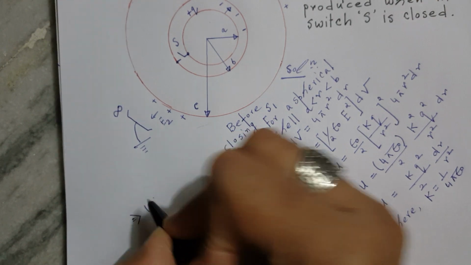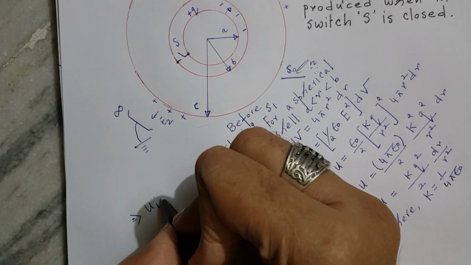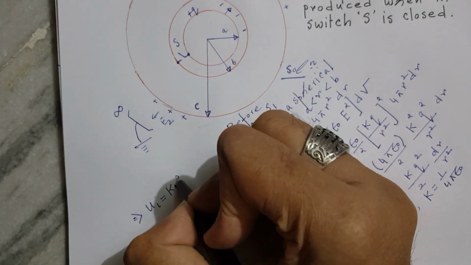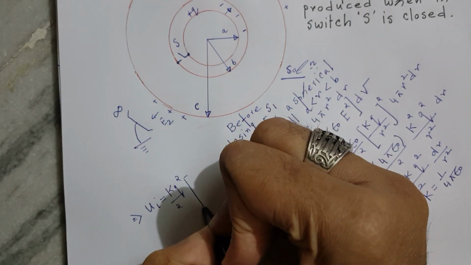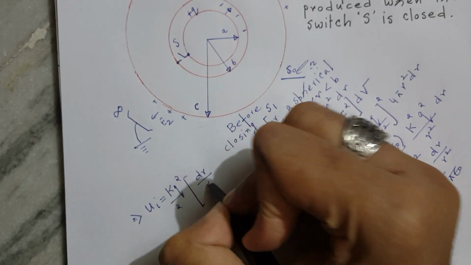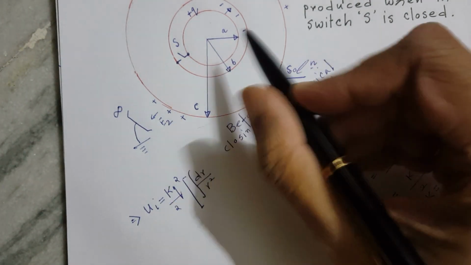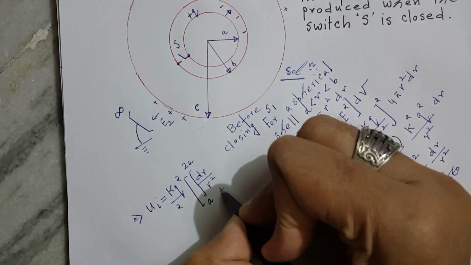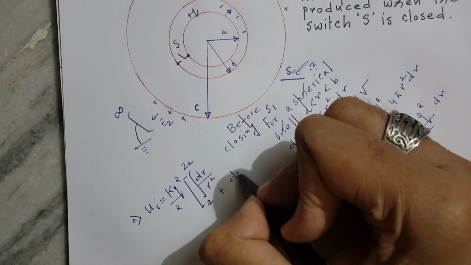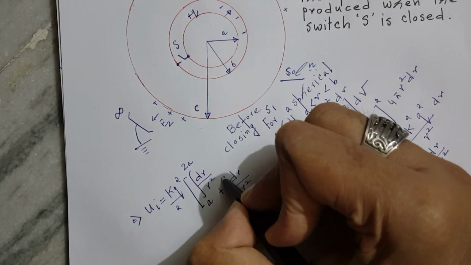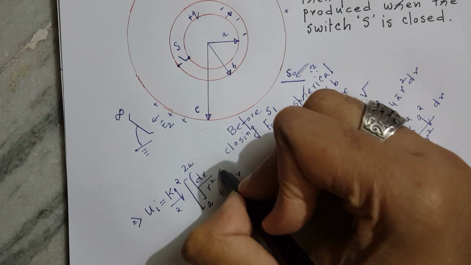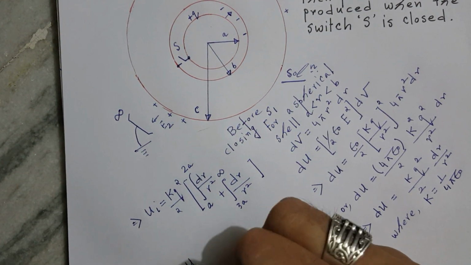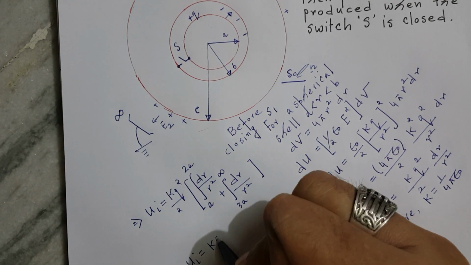The initial electrostatic energy is equal to k q square by 2 times the integral of dr by r square, first for r equals a to b, which is 2a, plus the integral of dr by r square from r equals 3a to infinity, or U_i equals k q square by 2.